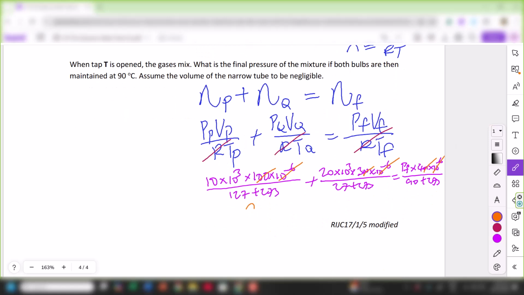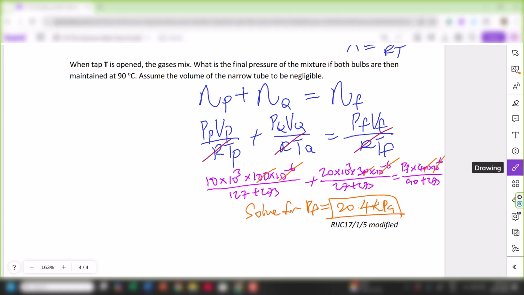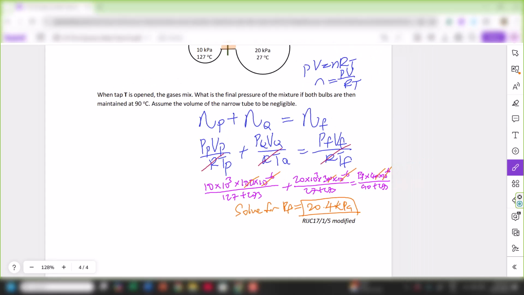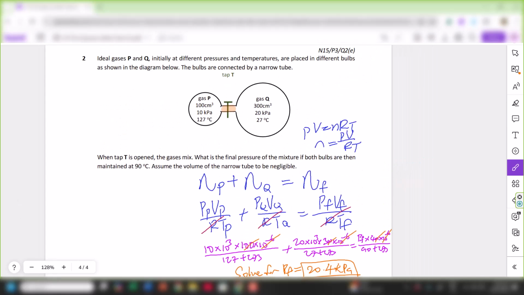So I solve for P final. For P final, I should be getting 20.4 kilopascal. If you have done it correctly, you should get this answer. If you have not, can you try it again? If you wish to, you can change the pressure, the volume, the temperature to different random values, put them together, perform your own calculation and verify your answer.